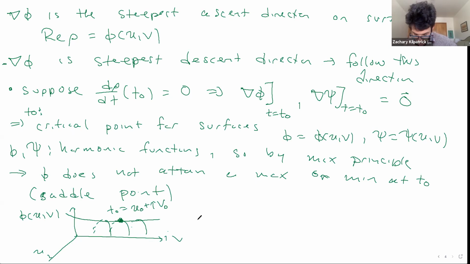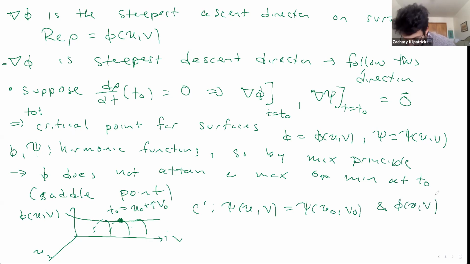So C prime is going to be the point where psi equals psi of u0, v0, and phi of uv is a max at u0, v0, but only if we look along C prime.